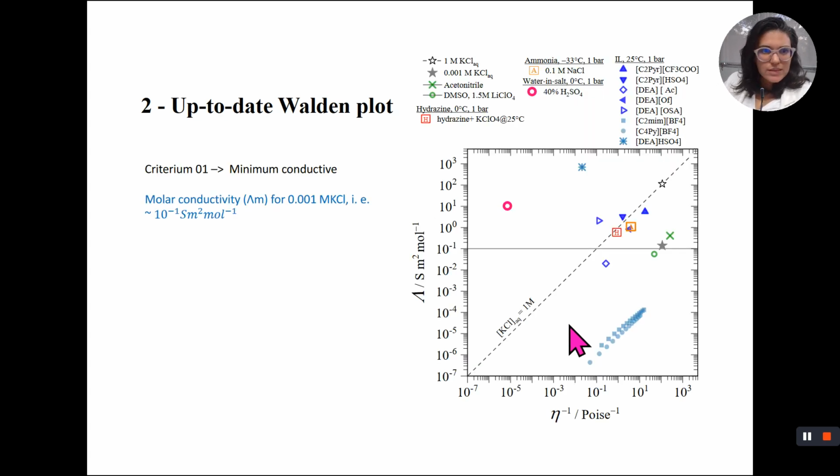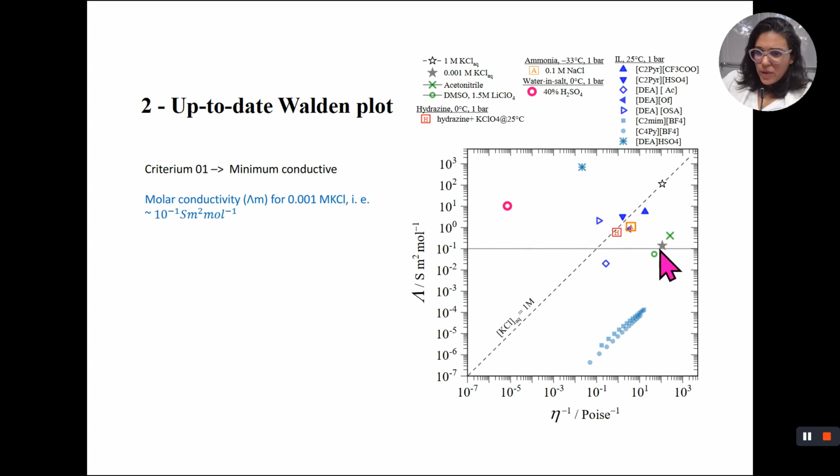Now I show you my updated plot where I want to apply two criteria. The first one is the minimal conductivity. In my experience with electrochemistry, potassium chloride 1 millimolar is the minimum value of support electrolyte to give a good ionic conduction for a conventional electrochemical cell.